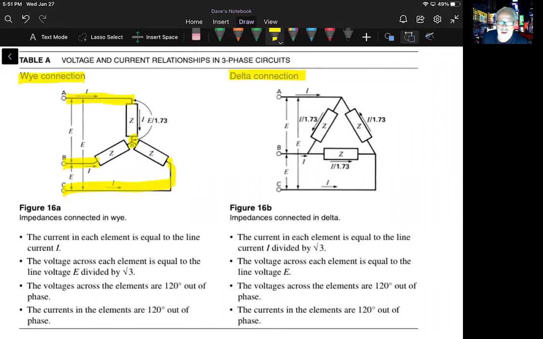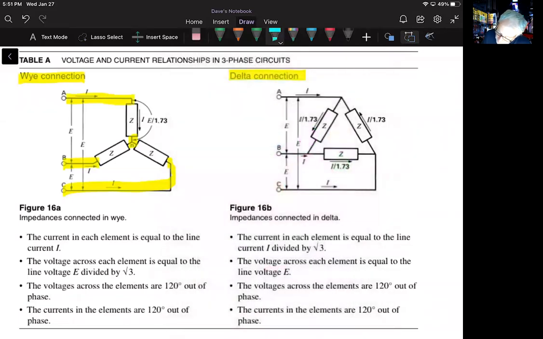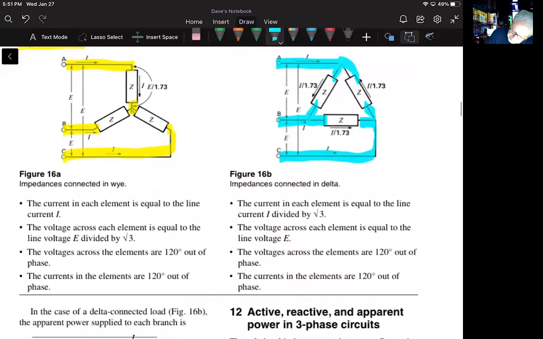All 3 of the loads have a common connection in a Y configuration. In a delta configuration, it is different in the sense that the loads are all connected tip to tail, all connected together. That makes a delta connection.